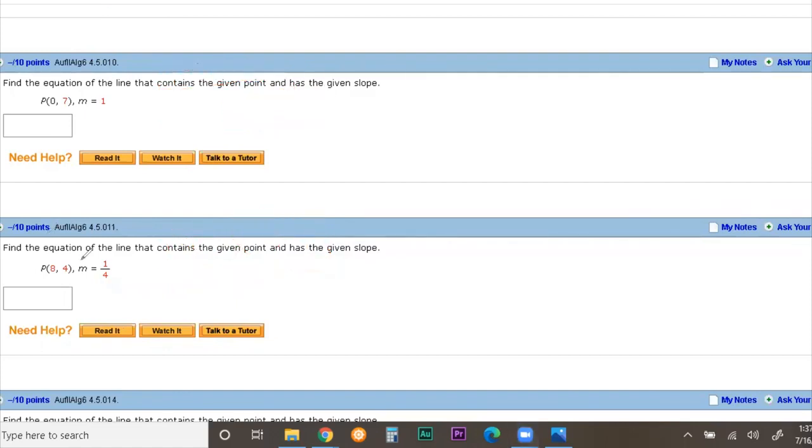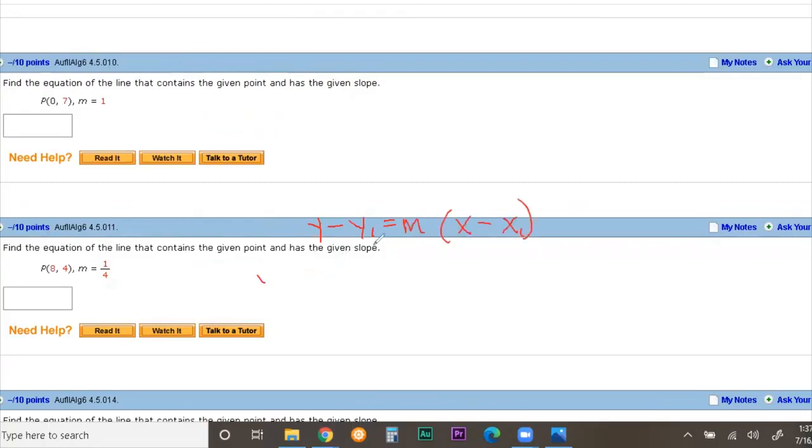So let's look at number 3. We have 8, 4, and then we have our slope. So we can use point slope formula. So we have y minus y1 equals m times x minus x1.